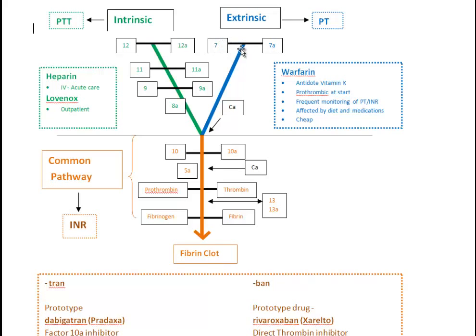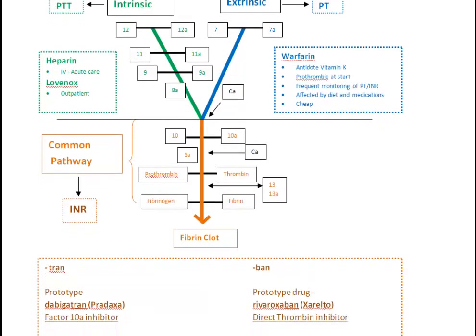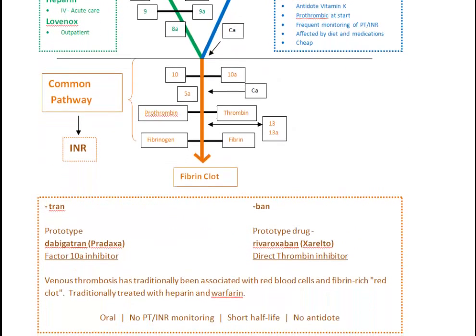So we're kind of poisoning this whole clotting cascade. Whereas with these newer drugs, they're starting lower down here. They act lower on the clotting cascade, which has less impact on your natural clotting cascade there.